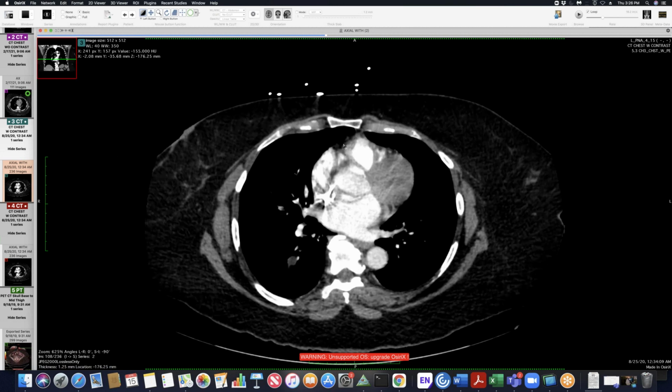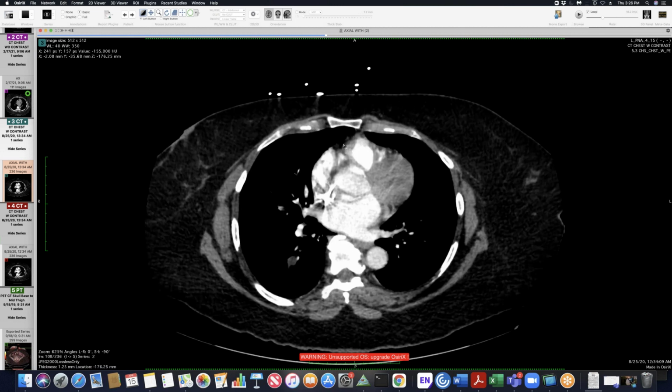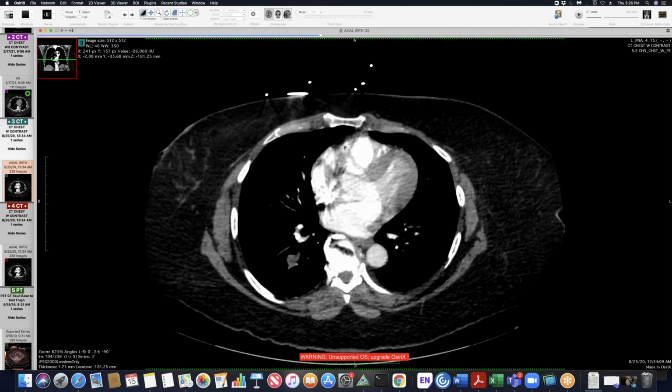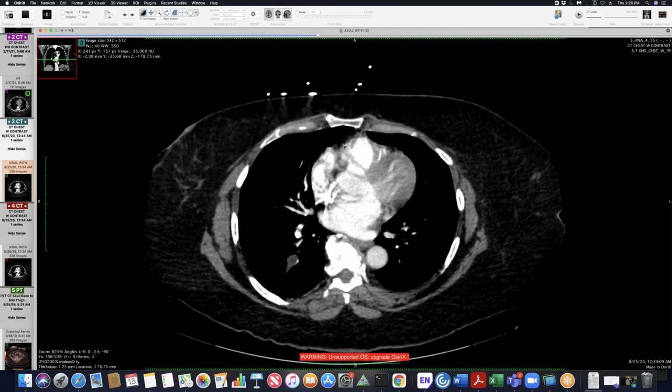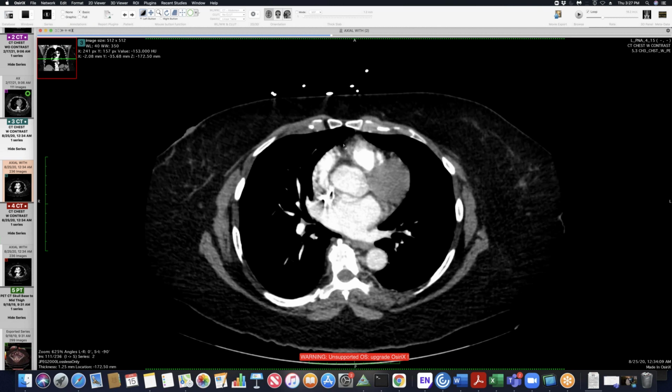Because the caliber of the airway proximal to it is kind of small, so that maybe speaks a little bit against an aspiration item, I think. This could be sampled bronchoscopically. But anyway, either way, it would be a benign thing, right? It would be more of an academic question.